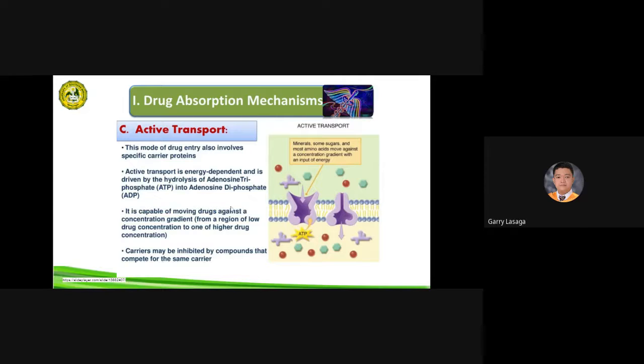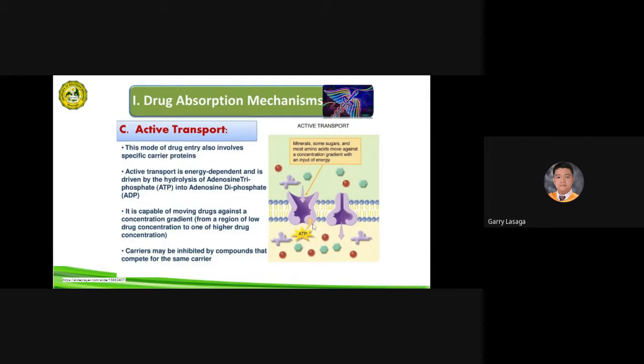It is capable of moving drugs against a concentration gradient. That is an uphill movement of a drug molecule, meaning from an area of lower drug concentration to a higher drug concentration. In this figure, we have an active transport mechanism.